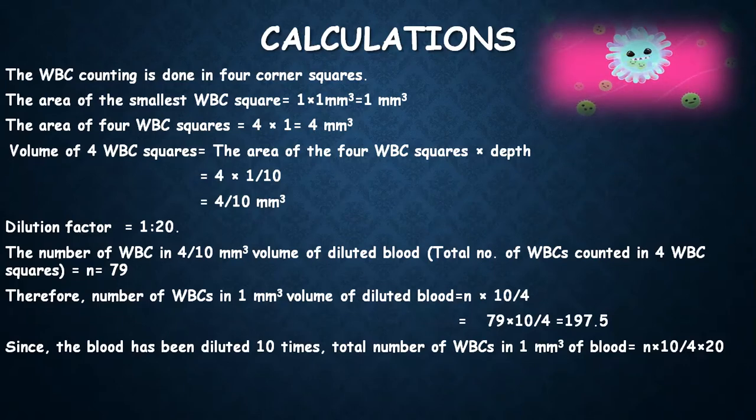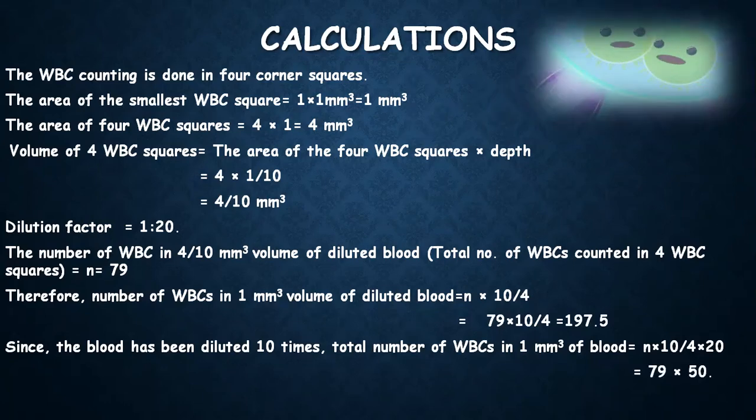Since the blood has been diluted 20 times, the total number of WBC in 1 cubic millimeter of the blood is equal to N into 10 divided by 4 into 20. It means 79 into 50, which is 3950.